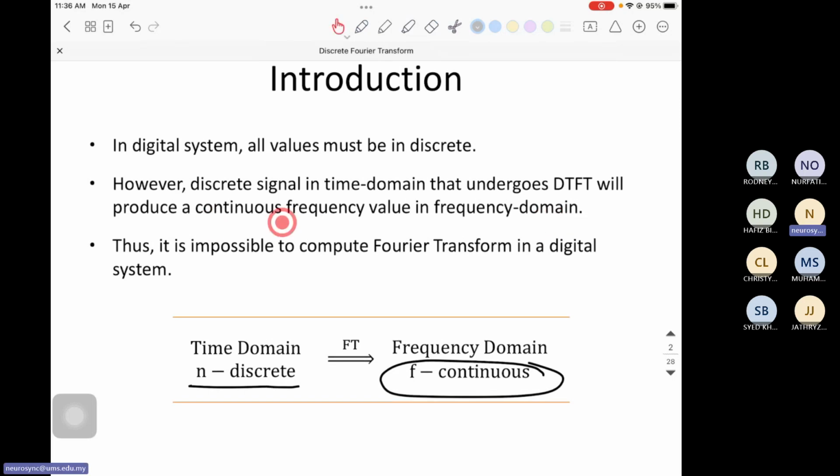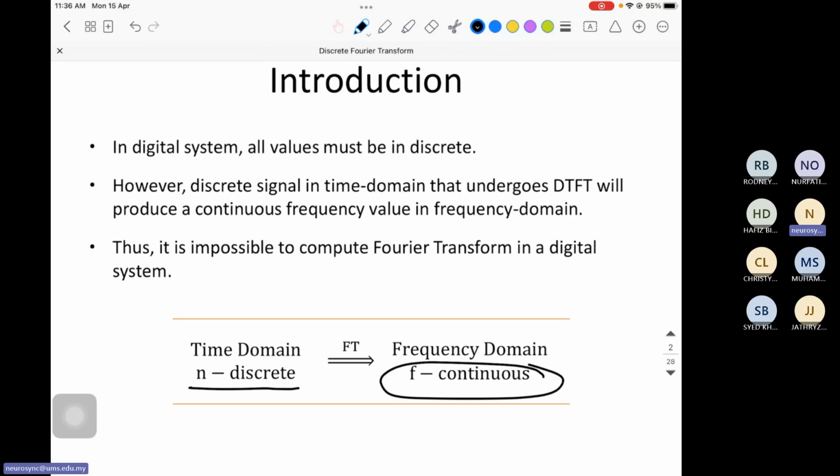The x-axis, that was omega, in case of DTFT was continuous. Now, in case of continuous values, we will have many inputs to the frequency omega.